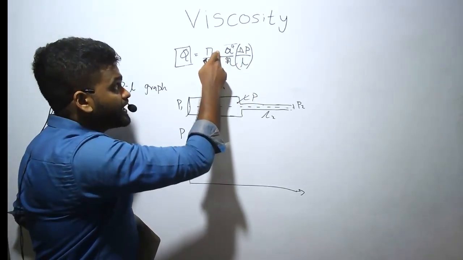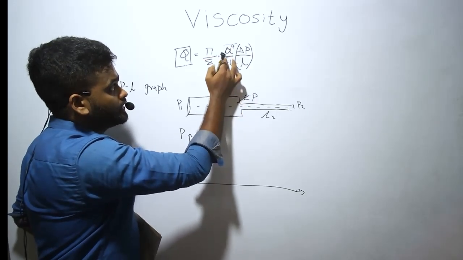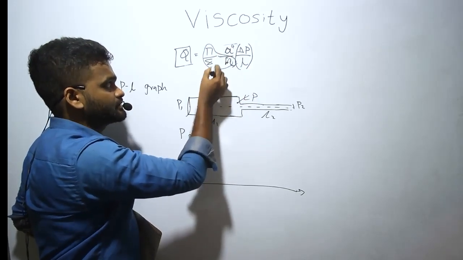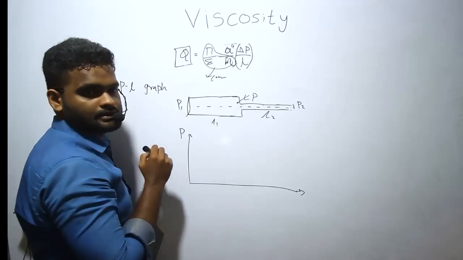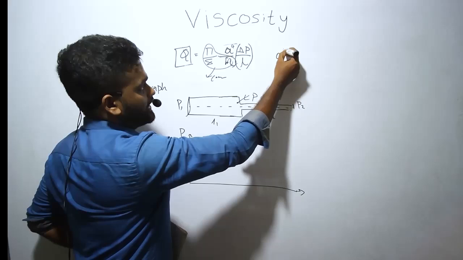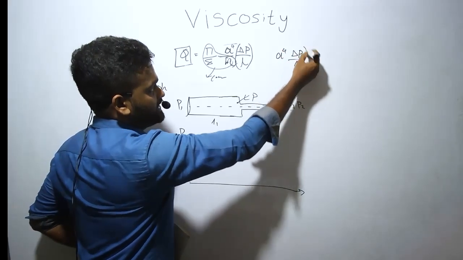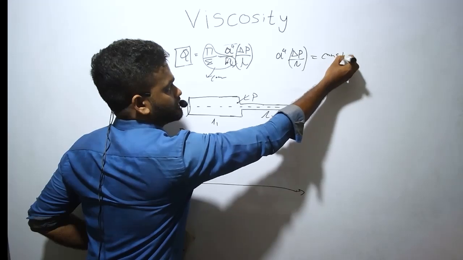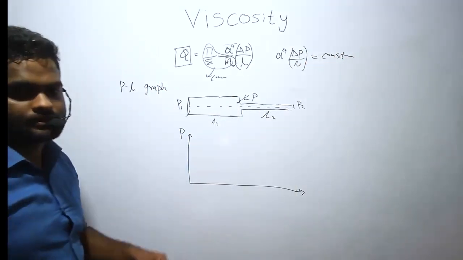So if we have, these are just constants, right? 5, 8, these are constants. Then we can say A to the power 4 delta P divided by length also should be a constant. Understood?